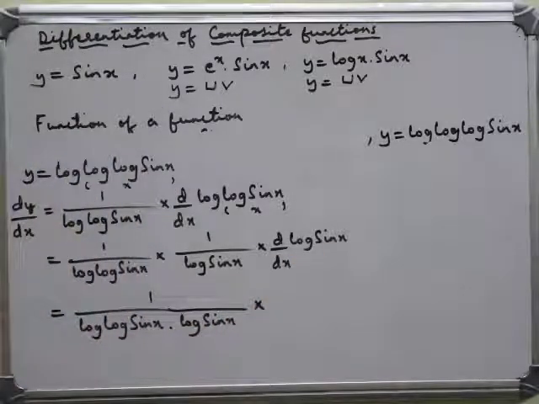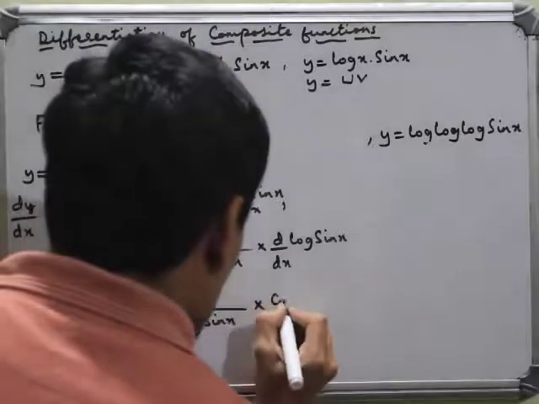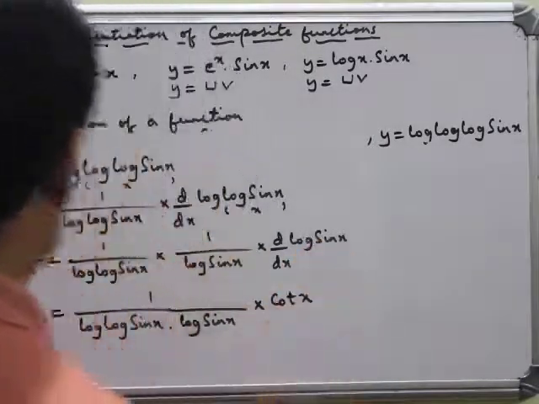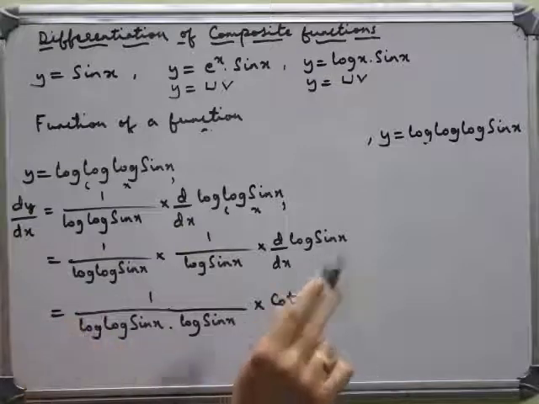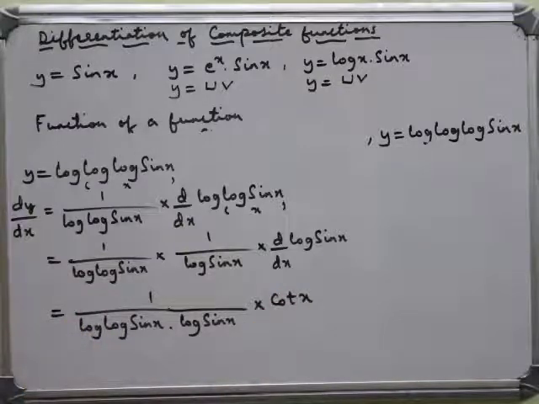So this was the first example we solved in the chain rule problems. So we know the differentiation of log sin x is cot x. So your final answer will be cot x divided by this term. Okay. This is how we have to find the derivatives of composite functions.